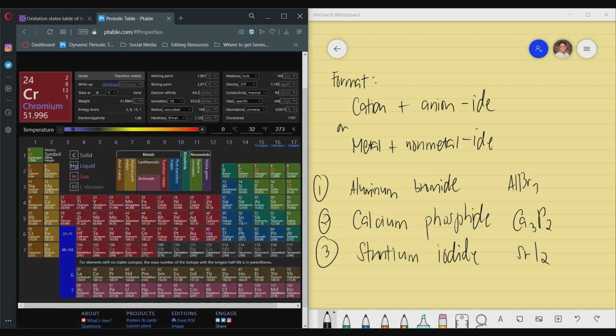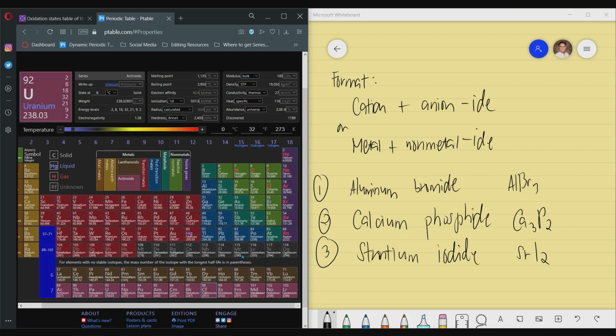For example, strontium, you just look for Sr. So this is Sr. So strontium. Look for I. You have iodine. Look for Ca. That's calcium. Look for P. That's phosphorus. Aluminum, Al. And then Br. That's bromine. Where is bromine here? Yeah, this one. Br, bromine. Okay?